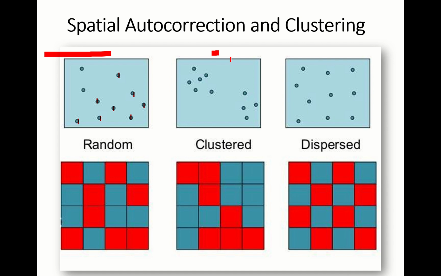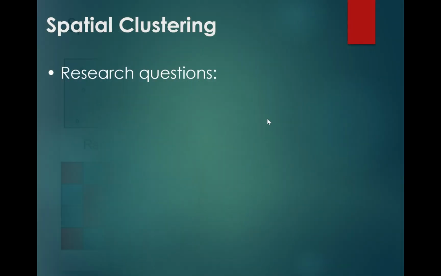Then we have positive autocorrelation, where we have points that are closer together than one would expect from a normal spatial distribution. And then the opposite, dispersion, aka negative autocorrelation, where we have a greater distance between our points than what we would expect if the points were distributed randomly.